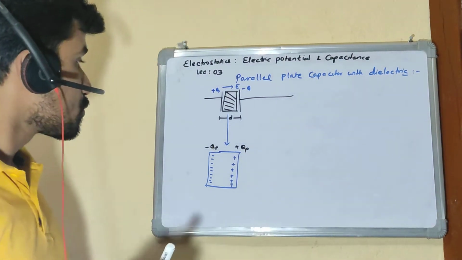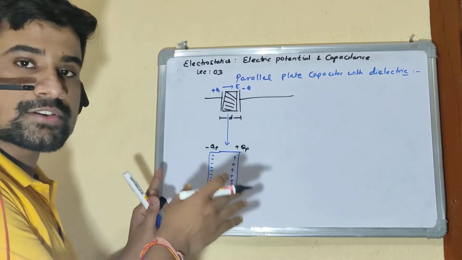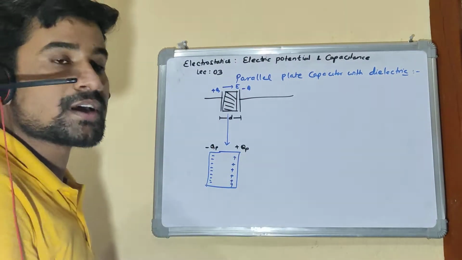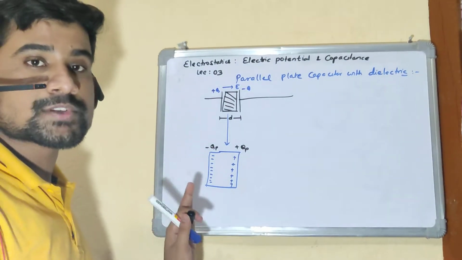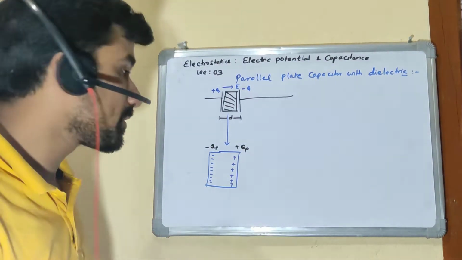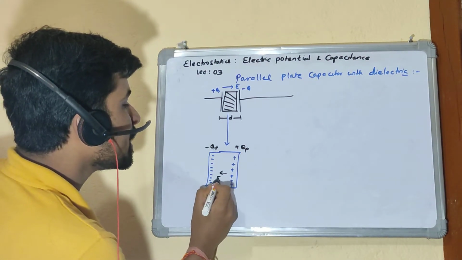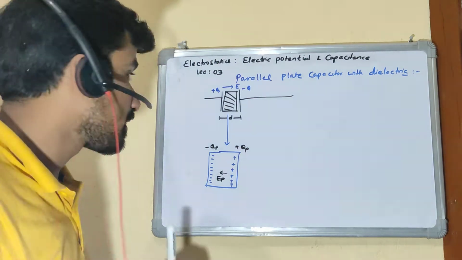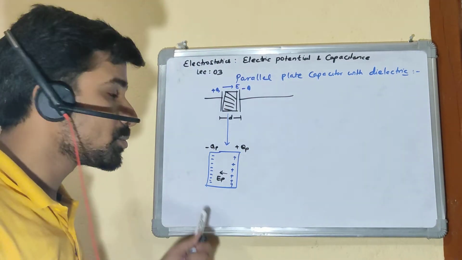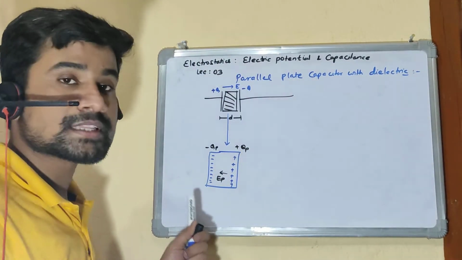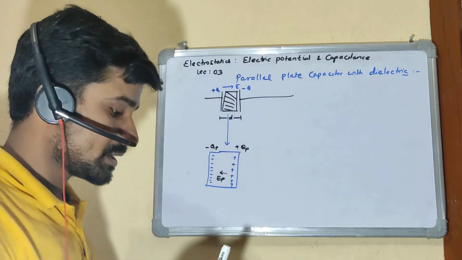This also acts like a separation of charge, and this will be responsible for one more electric field here. Because of this dielectric, there is one more electric field, which is EP.